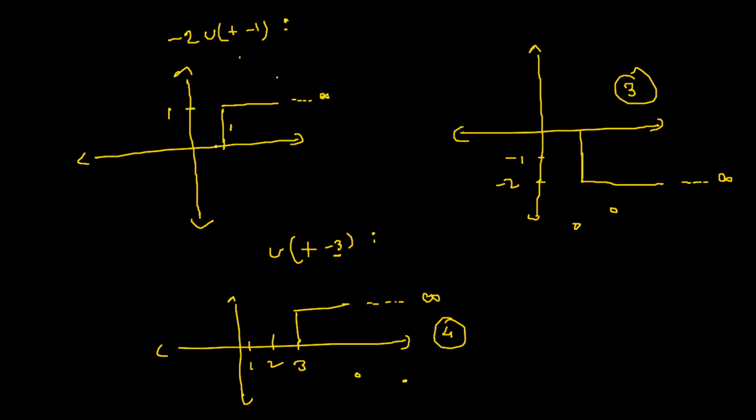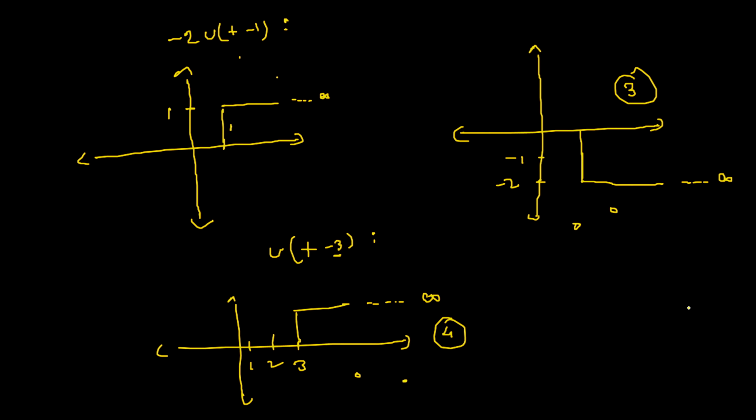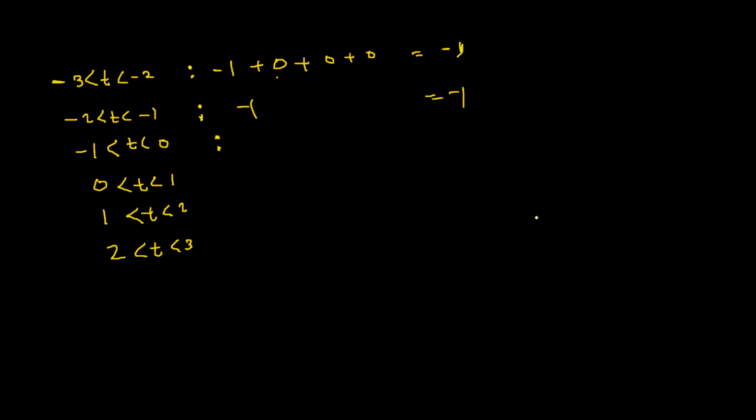Now for the third domain, which is minus 1 onwards, like you can see, the value at minus 1 for the first graph is still minus 1. But now even the second graph has gotten a certain value, which is 2. The third and fourth ones are still not defined, so they still remain 0. So we have minus 1 plus 2 is equal to 1.